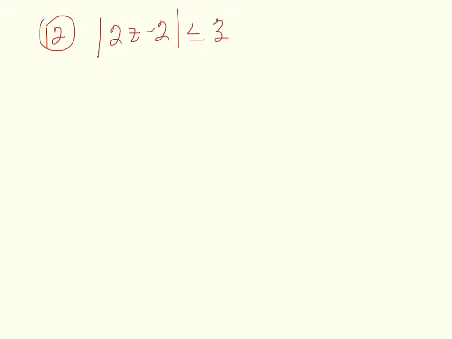Now, less than problems are connected with the word and. Okay, and there's two ways we can write this. We can write it as a compound inequality, or we can just write it as two problems connected with the word and. Okay, in my previous video, I wrote it as a compound inequality. I'm going to write it as two this time.